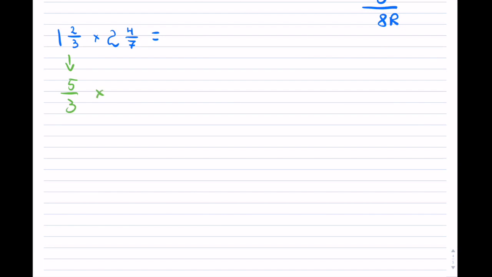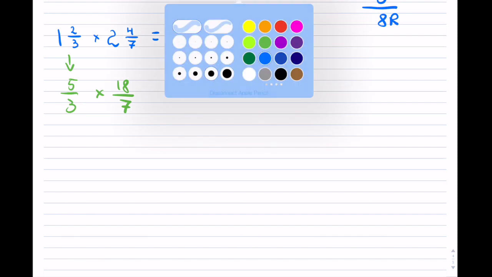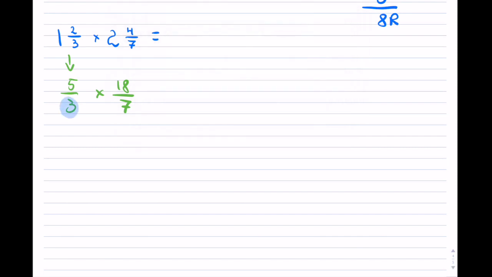7 times 2, that's 14 plus the 4. So this is what I have here. Now I have two improper fractions. Next step, any divisions? No divisions. Next step, can I reduce? Well, I do notice that I have a 3, and 3 will go into 18. So 3 into 3 once, 3 into 18 6 times.